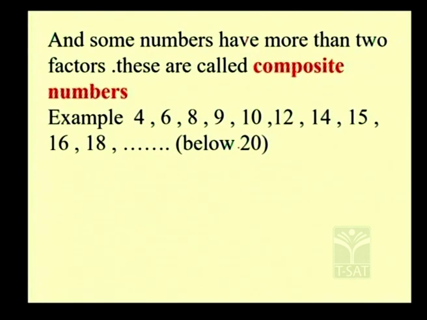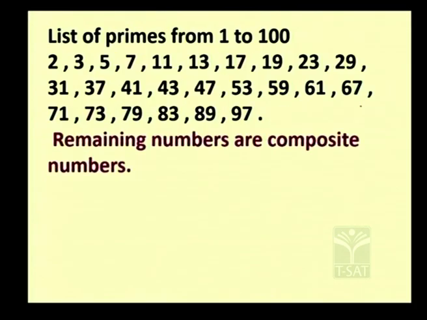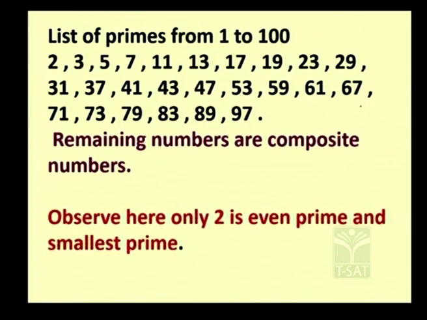Other numbers having more than 2 factors are called composite numbers: 4, 6, 8, 9 like this. This is the list of prime numbers from 1 to 100. Observe here, only 2 is the even prime and the smallest prime; all remaining prime numbers are odd numbers.